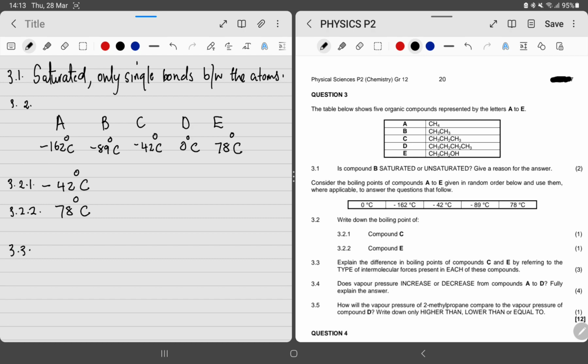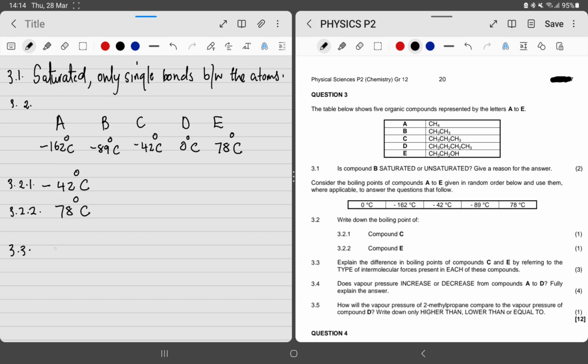3.3. Explain the difference in boiling points between compounds C and E by referring to the type of intermolecular forces present in each of the compounds. An alkane only has the weak van der Waals forces, and an alcohol has the weak van der Waals forces plus the hydrogen bonds.